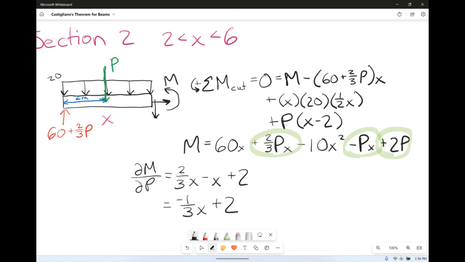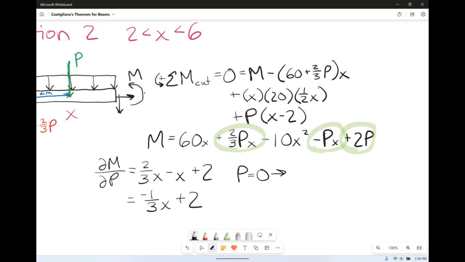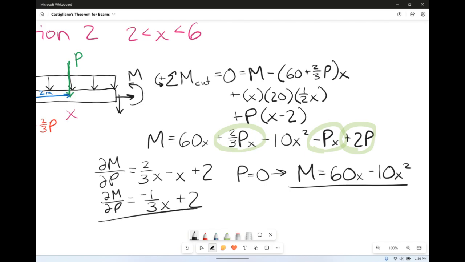Oh boy. And if you set P equal to 0, you get, shocker, the same thing that we have had the entire time, 60x minus 10x squared. Again, the loading for the given system never changed. So this makes perfect sense.